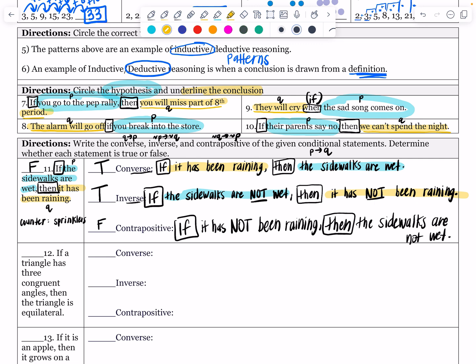And that was if not yellow, then not blue.